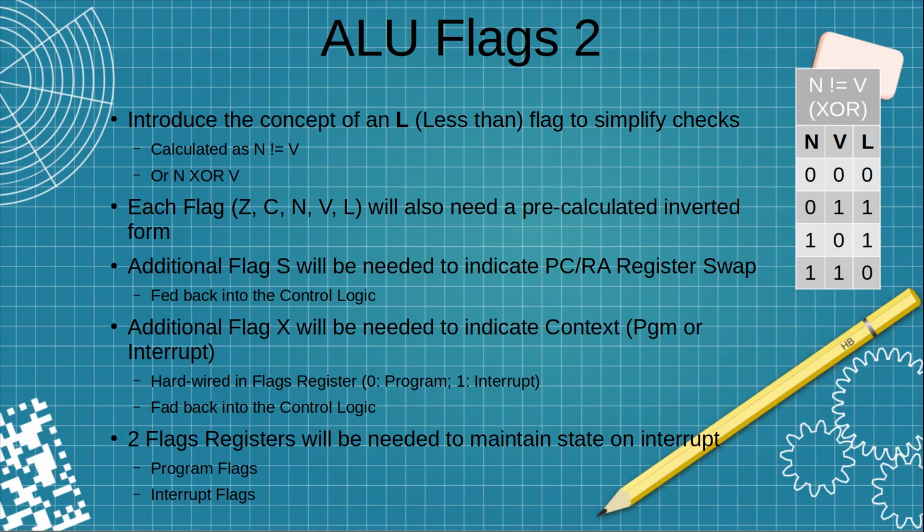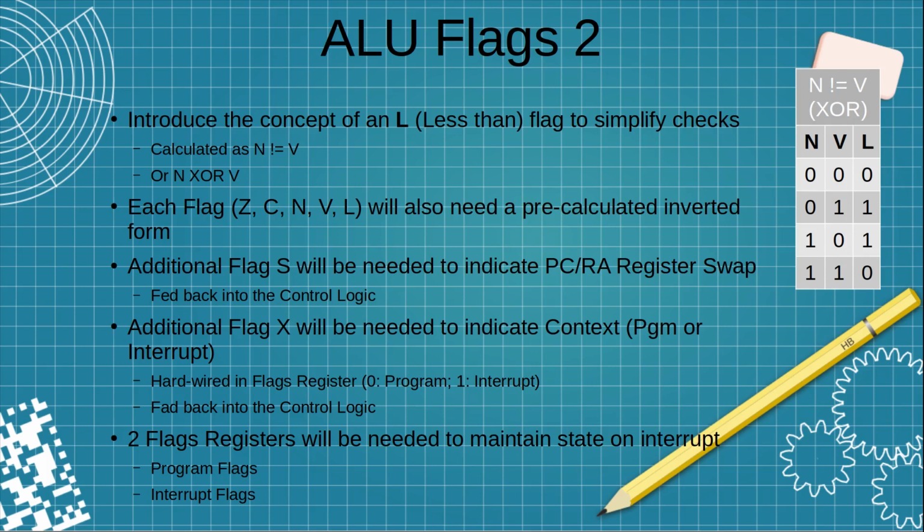Now, because of the way I want to condition my instructions, similar to the way the ARM v7 has, I want to introduce the concept of an L flag. This L flag will mean less than, and will be calculated as the N flag, or negative flag, not equal to the overflow flag, the V flag.